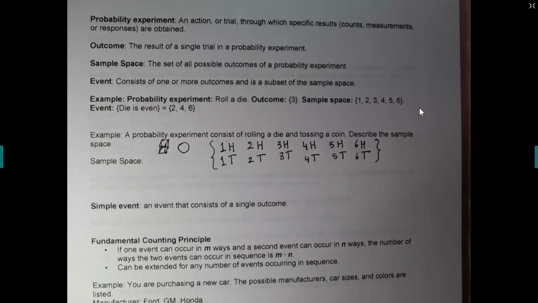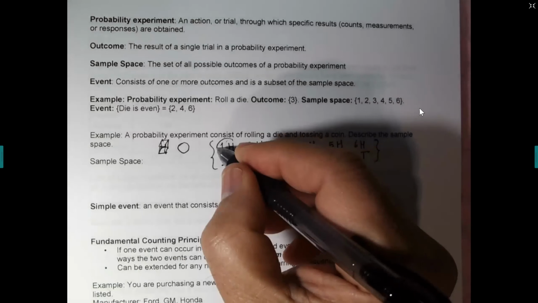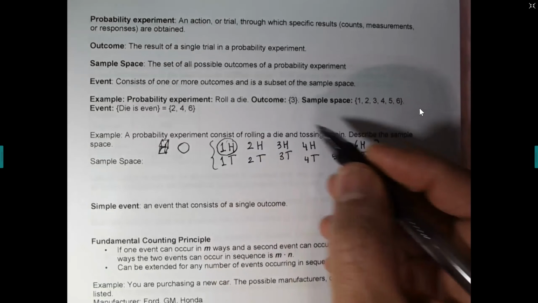Now, let's say you're playing a game. You would win if you get a 1 and a head. What's your chance of winning, guys? 1 out of 12, exactly, because there's only one outcome that has a 1 and a head, and I have 12 of them.